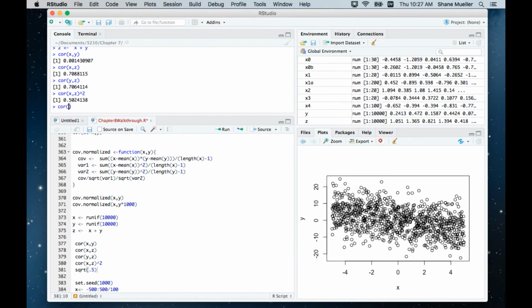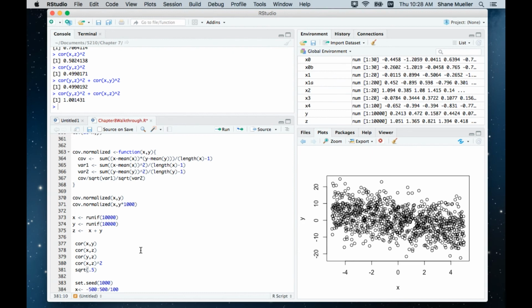If I do correlation yz squared, it's 0.499. In fact, these, xz and yz, add up to almost exactly 1.